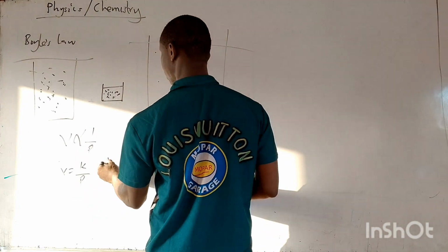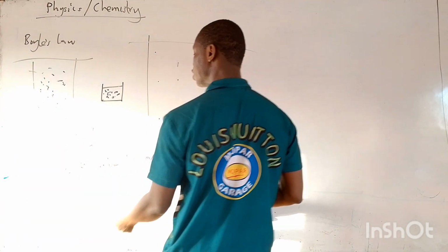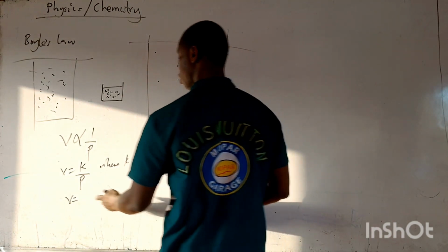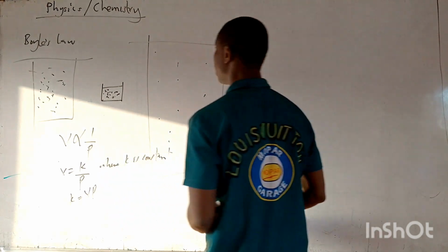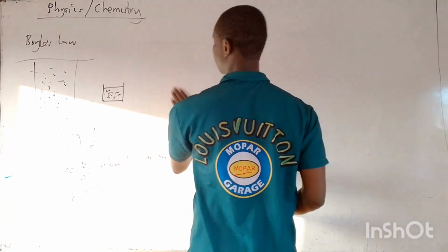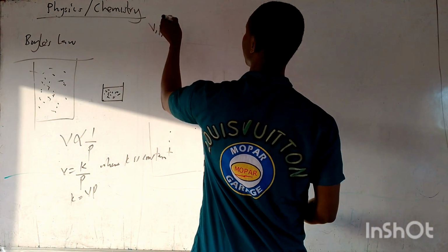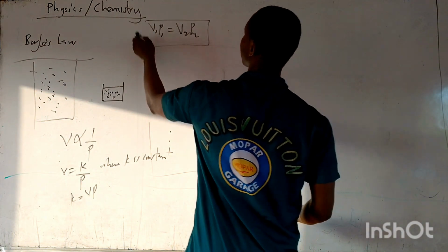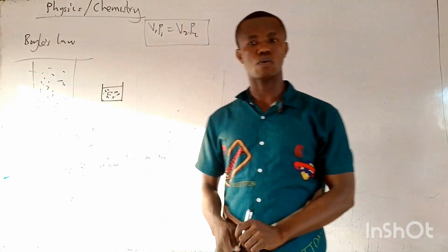So K equals VP. Then we know that V1P1 should definitely be equal to V2P2. So this is the mathematical expression for Boyle's law.